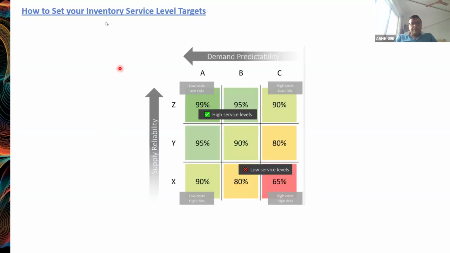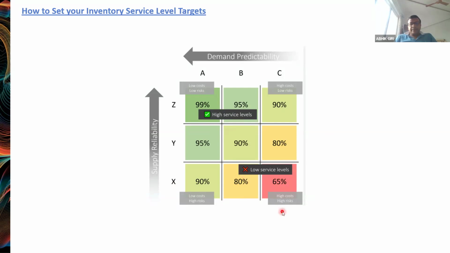Now, how do we set the inventory service level targets? All of you know about supply and demand. These numbers show how service levels will vary based on supply reliability or predictability, and demand predictability. On one hand you have cost, low cost and high cost, and on the other hand you have risk, which could be categorized as low risk and high risk.